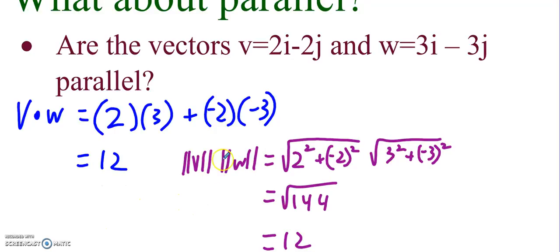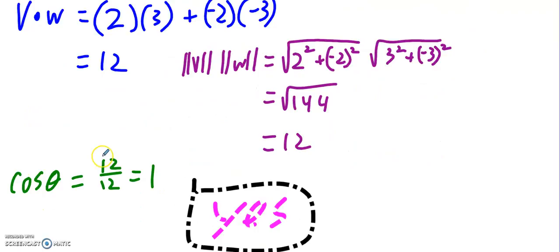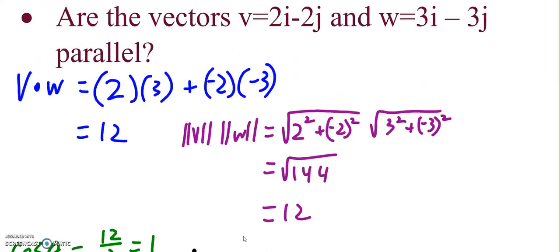Then I looked at what is the product of the magnitudes. So root of 2 squared plus negative 2 squared, times root of 3 squared plus negative 3 squared, ends up being root 144, which is also 12. I know the cosine of theta is the dot product over the product of the magnitudes, so that's 12 over 12, which is 1. So if cosine of theta equals 1, then the angle between them is 0, so yes, they are parallel.